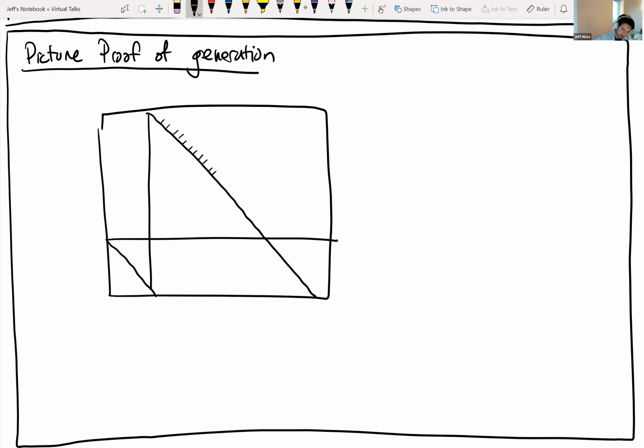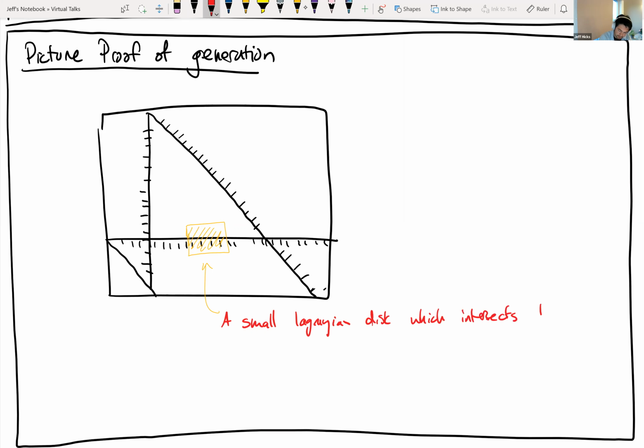We have this FLTZ skeleton, and we want to show that we can build a small Lagrangian disk which intersects this FLTZ skeleton at one point.